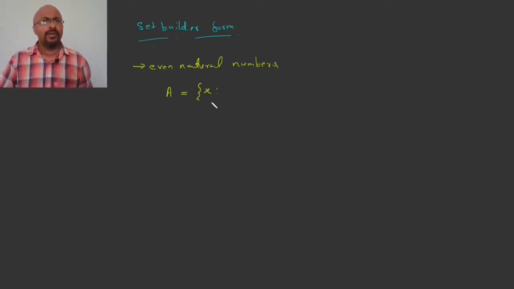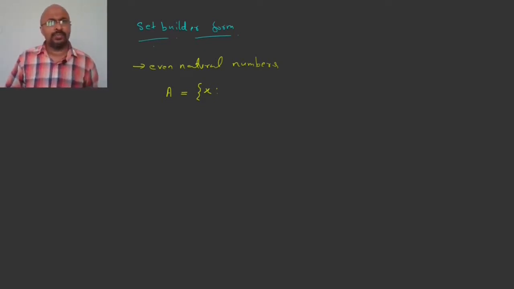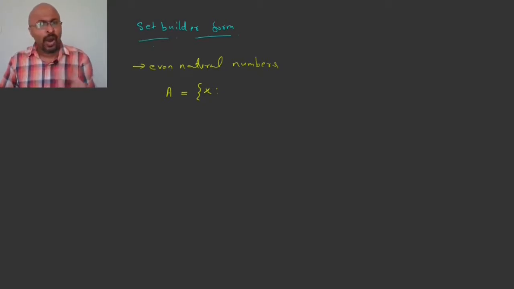After that, you have to write what is the single common property that is possessed by the elements of this set and not possessed by any elements outside the set. Here, the single common property that is possessed by this set is that it is even natural number.